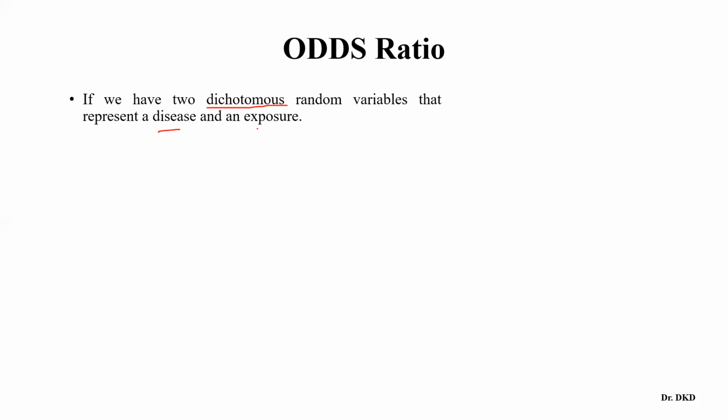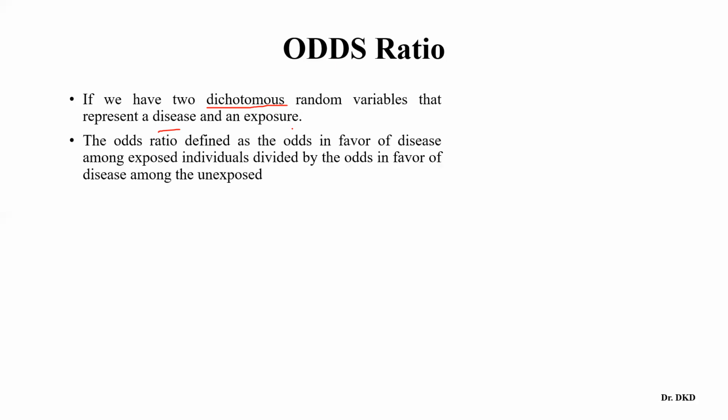In one group of persons, some are exposed and some unexposed. Of those who are exposed, how many are suffering from the disease, and of those who are unexposed, how many are suffering from the disease. This is the meaning of disease and exposure.